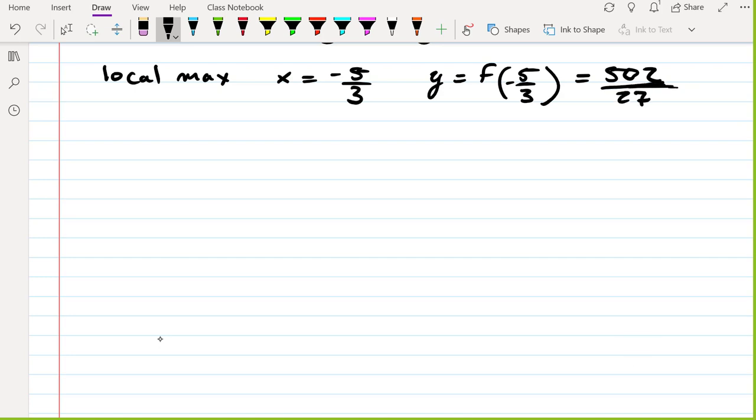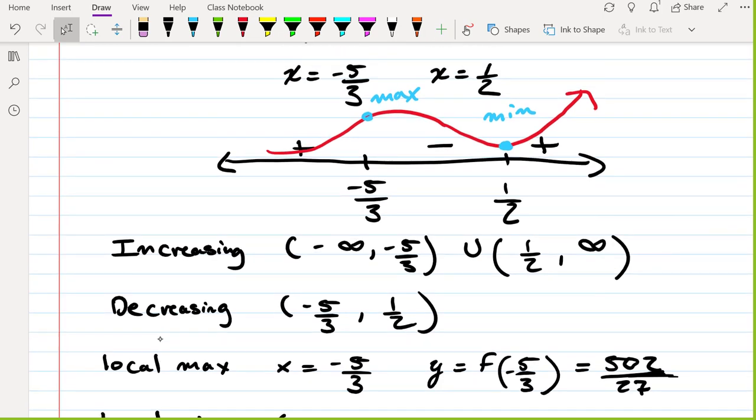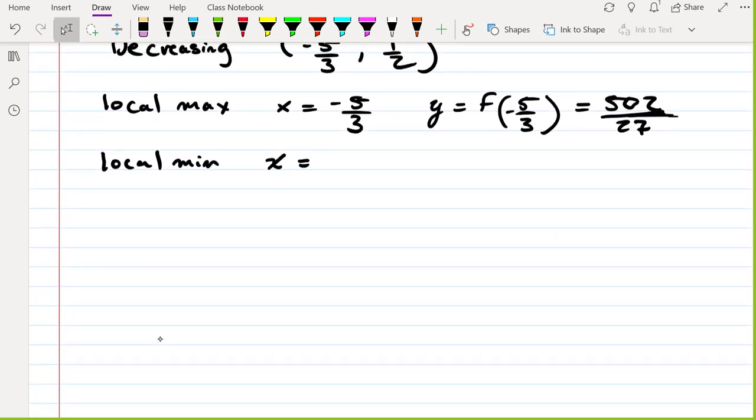And then to find our local min, we're going to rinse and repeat, but this time we're going to use x equals 1/2, where our min was. So the corresponding y value is f of 1/2.